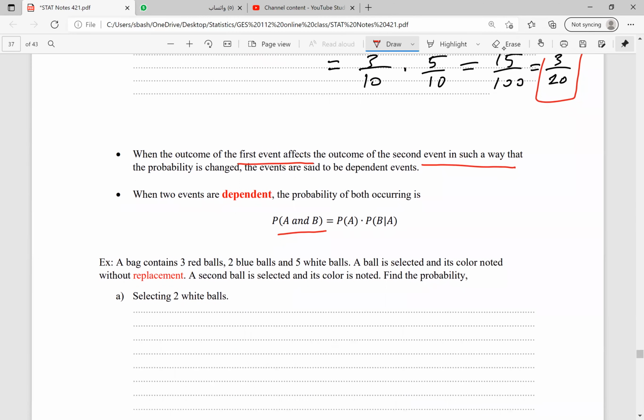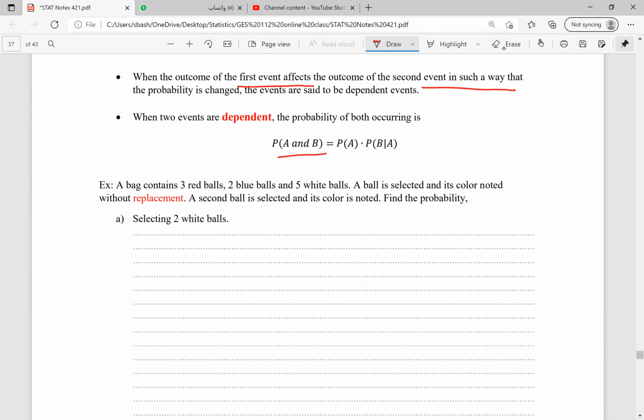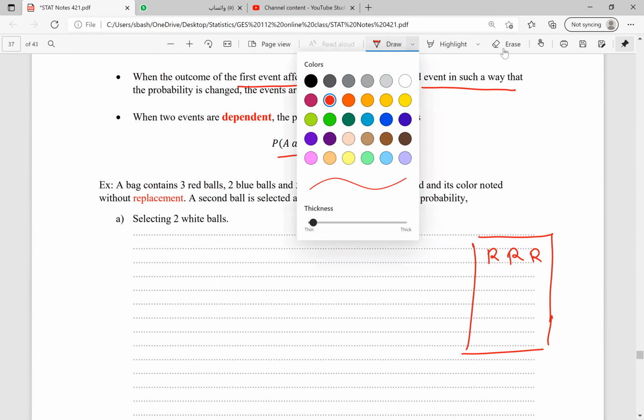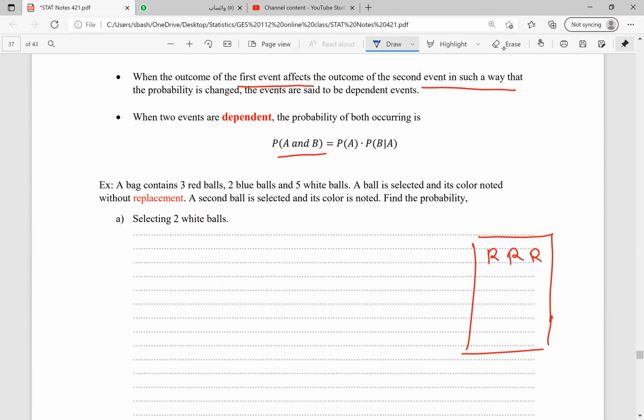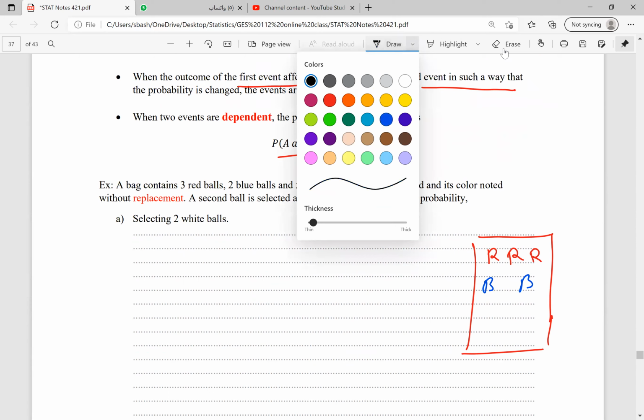To explain this one, a bag contains 3 red balls, 2 blue balls, and 5 white balls. We are going to use the same example as above. I have 3 red and 2 blue and 5 white.